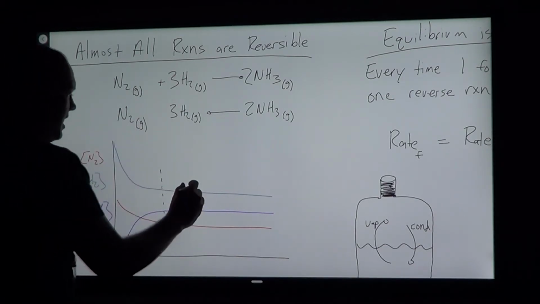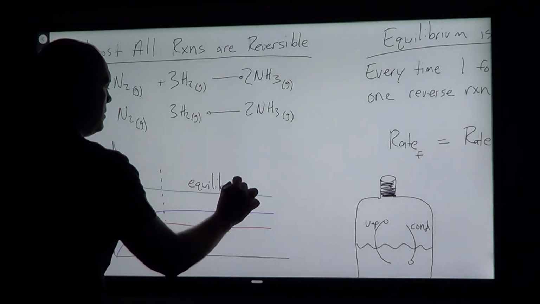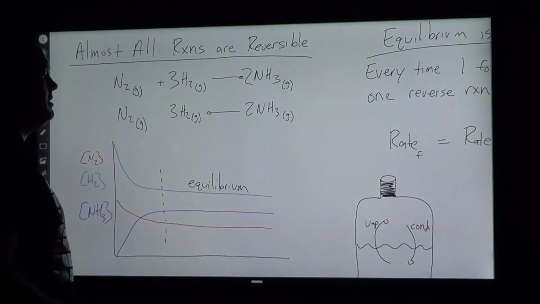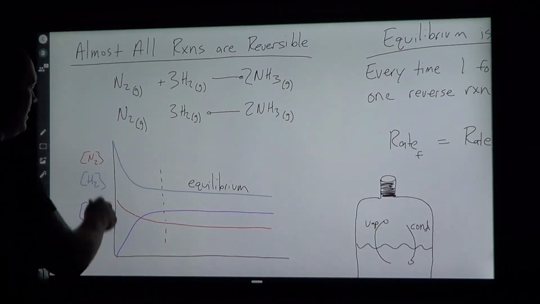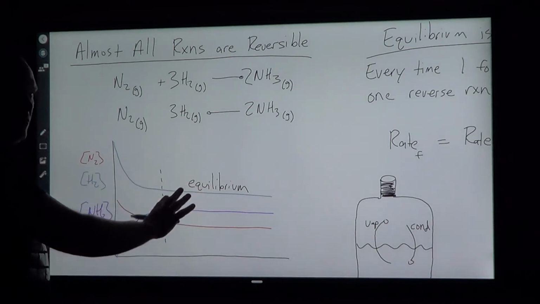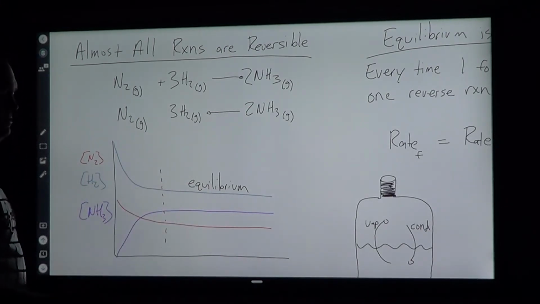So they get stuck at equilibrium. Okay? And these numbers can change depending on how much you started with, but the ratio of them is always a fixed number, which we will get to in a minute.